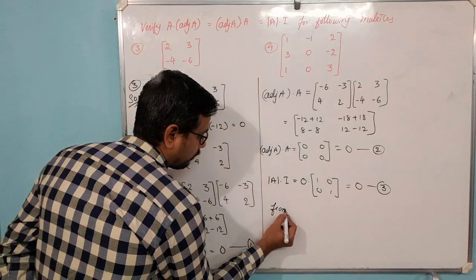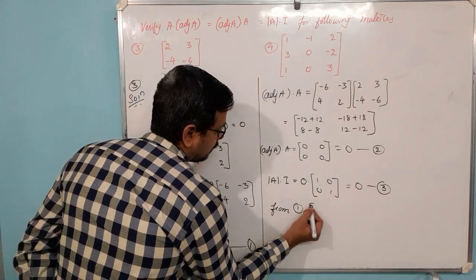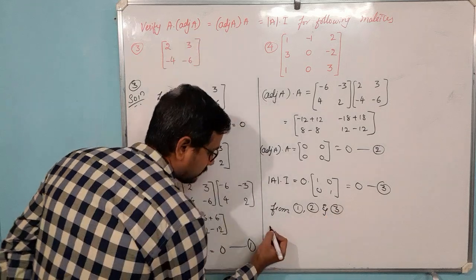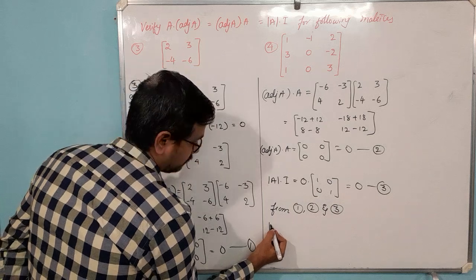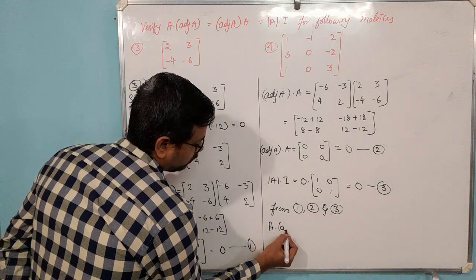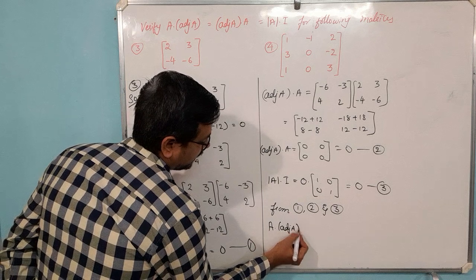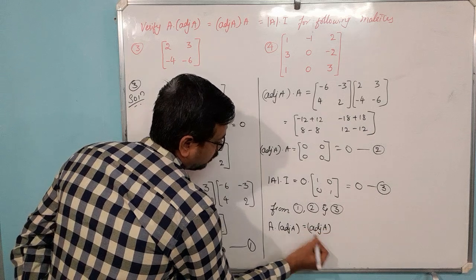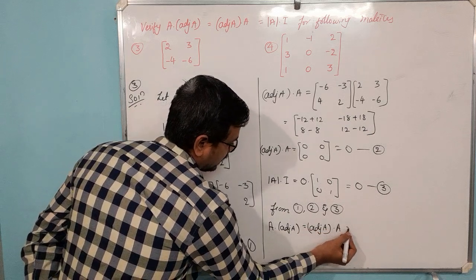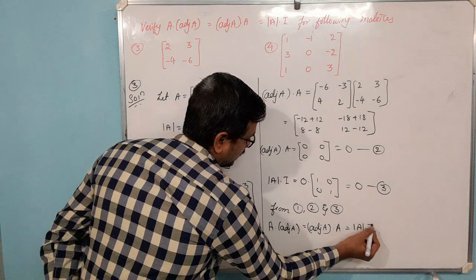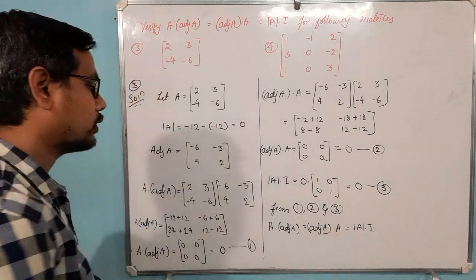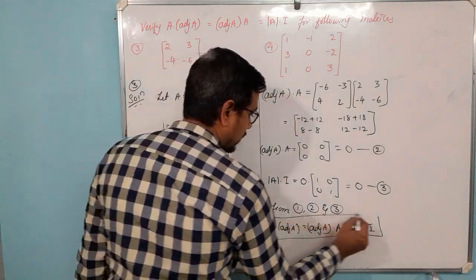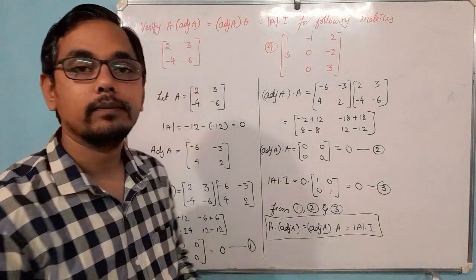So from 1, 2 and 3, A into adjoint A is equal to adjoint A into A, which is equal to determinant A into I. This is how we have to prove it. They have asked us to prove this, and this is how we need to prove it.